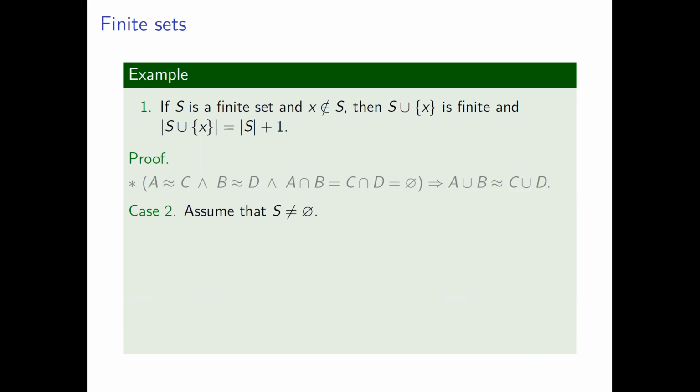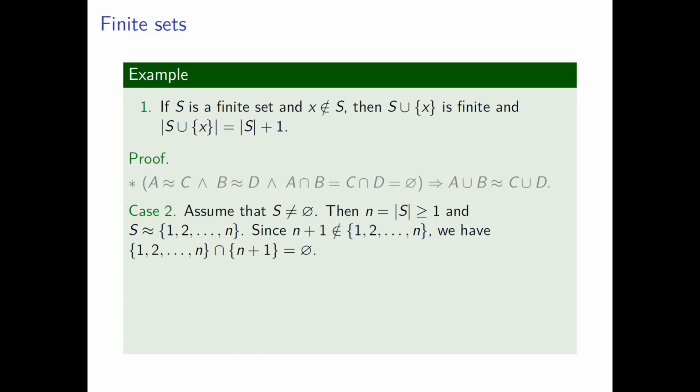Assume now that S is non-empty. Then the cardinality n of S is greater than or equal to 1, and S is numerically equivalent to the set of integers from 1 to n. Clearly, the integer n plus 1 is not an element of the set of integers from 1 to n. So the set of integers from 1 to n is disjoint from the singleton whose element is the integer n plus 1.